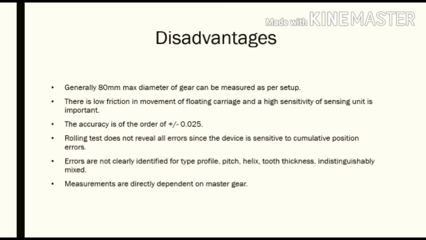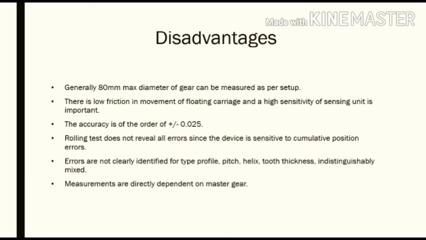Now, what are the disadvantages? First, generally 80 mm maximum diameter of gear can be measured as per setup. As we already discussed in our working, and as you have been seeing in the pictures of the Parkinson gear tester, there are two gears to be kept inside it, as well as a movable carriage.